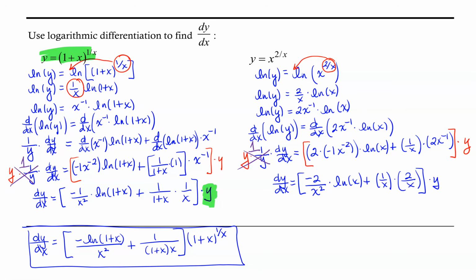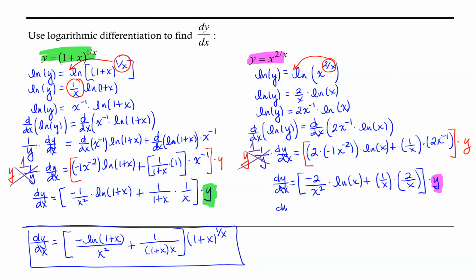Now keep in mind that our y for this particular example was y is x to the 2 over x power. So we will be replacing y with x raised to the 2 over x power.